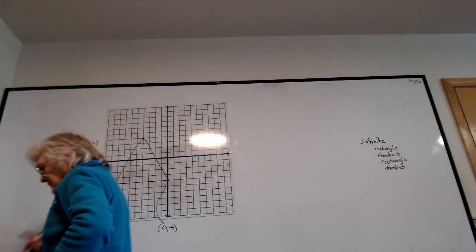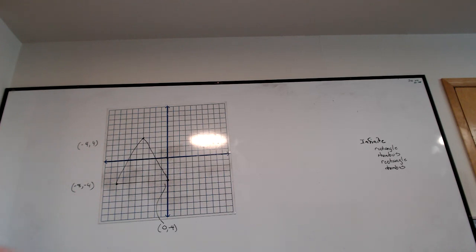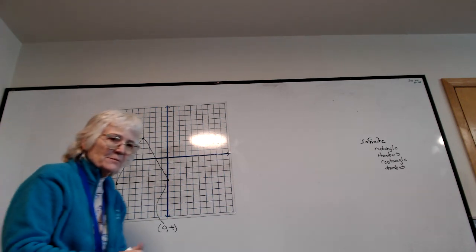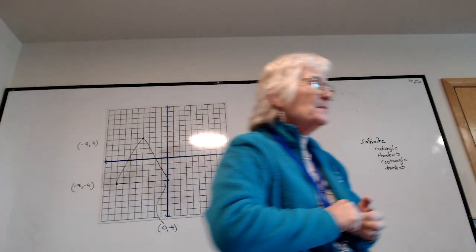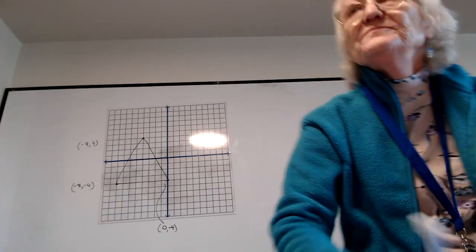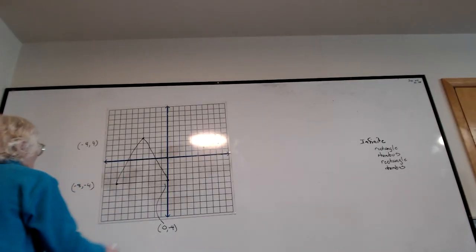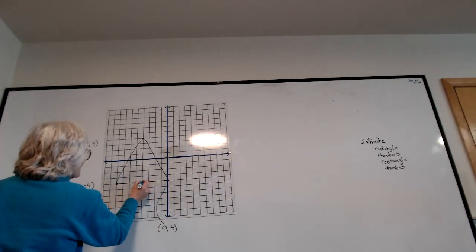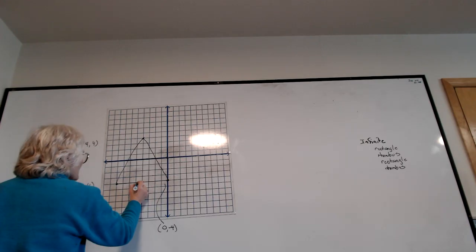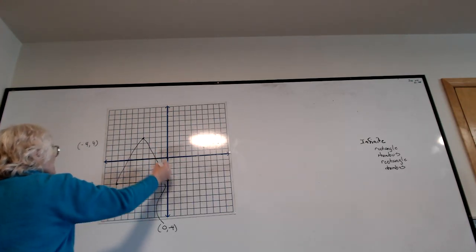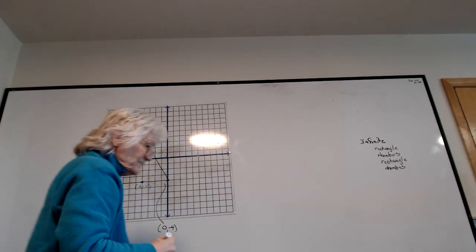Where's the midpoint of this one? Right here. The midpoint of the base, the one on the bottom. What's the midpoint for the base? -4, -4. Yes, it is -4, -4 right here. Okay, what's the midpoint on that one?